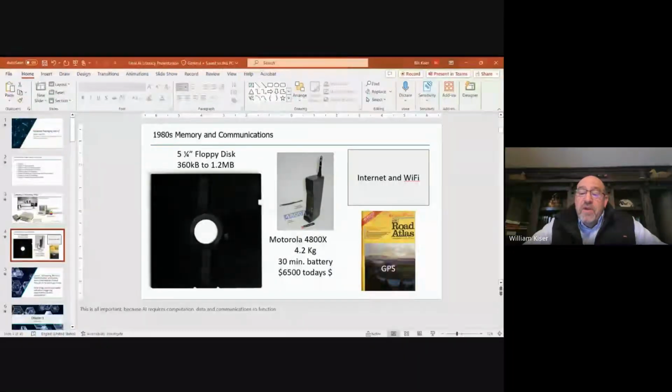So you saw what computing was like. Let's look at what memory and communications were like. This is a 5 1/4 inch floppy disk, magnetic media. This was one of the primary methods of storage in the 1980s. It had 360 kilobytes. It evolved to 1.2 megabytes.